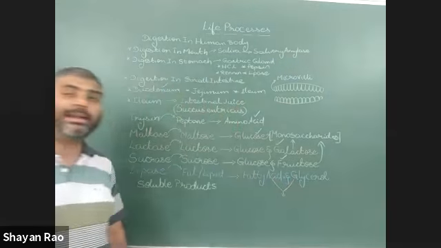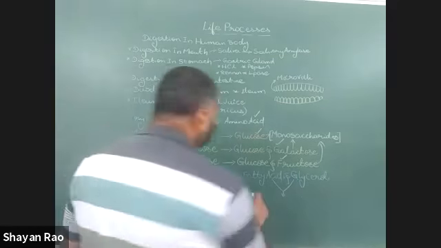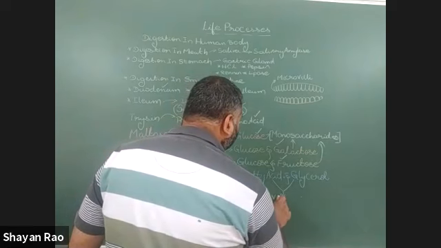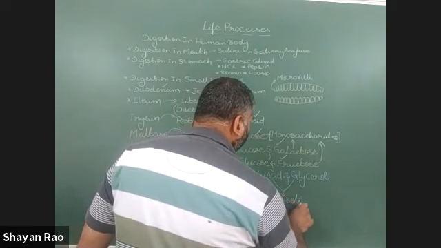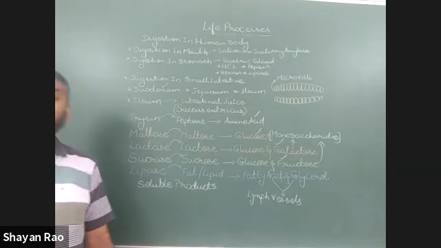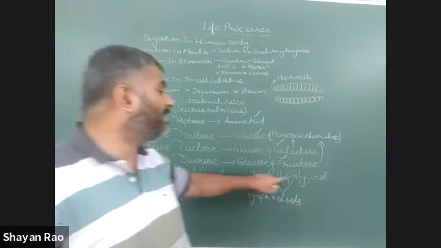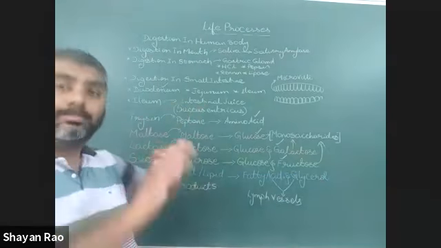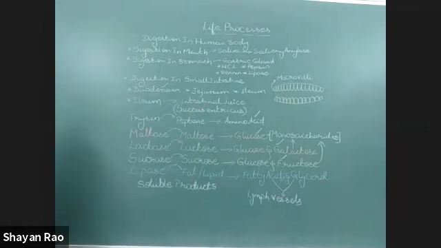They are carried to the lymphatic vessels, or lymph vessels. Once they are carried to the lymph vessels, these vessels carry these components, that is fatty acids and glycerol, to the target organs. That is how absorption takes place. Hope this is clear with everybody.